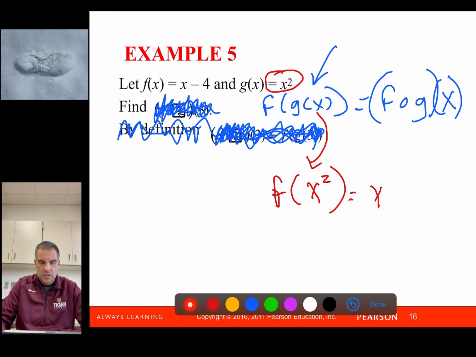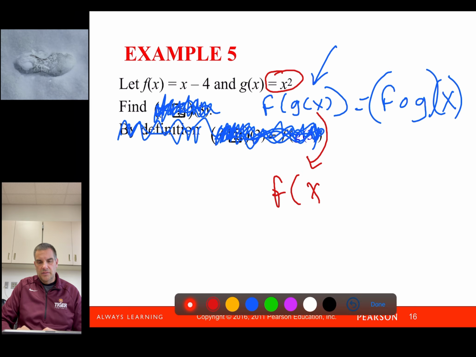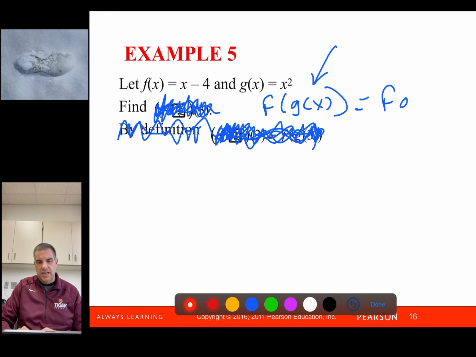So this is just going to be x squared minus 4. And if they're just asking you for f of g of x, you're done. There's nothing left to do with it. Okay? That's that mode of doing these. Okay, so now I'm going to erase all of these and talk about what they asked to do.